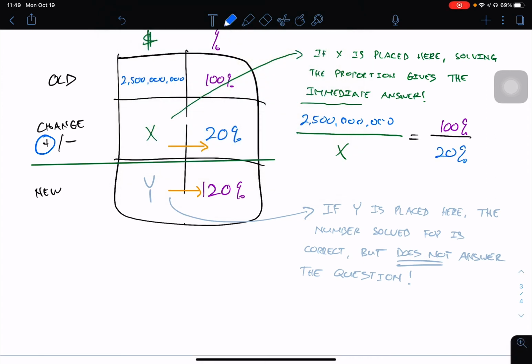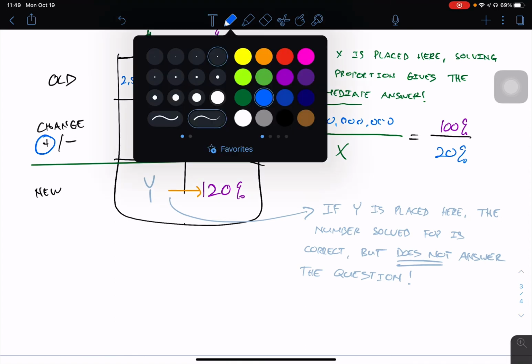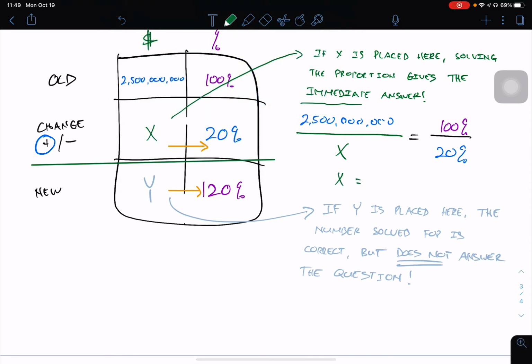All right, so now if you solve this, I'm going to go straight for the answer so you can do the math yourself. Times 20 divided by 100. So this gives you a $500 million commission. Not bad for a day's work.